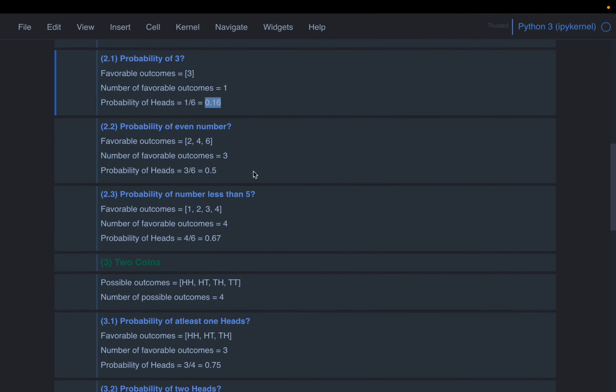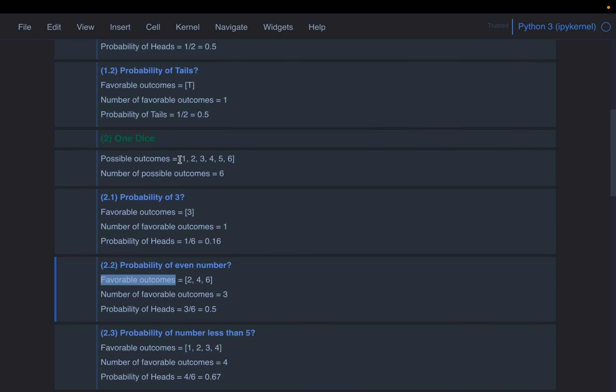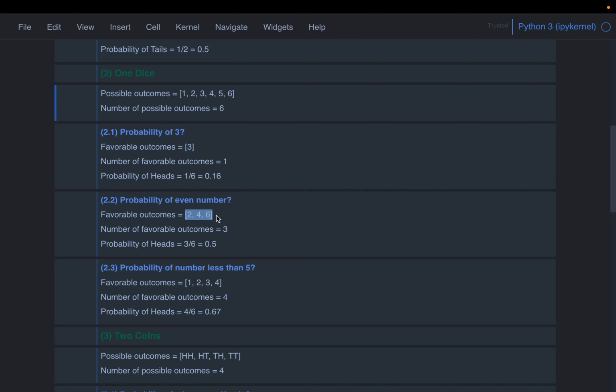Now it starts to get interesting. Now we are asking, what is the probability of getting an even number? This time, from the possible outcomes, what are all the even numbers? Number 2, number 4 and number 6, right? So the favorable outcomes are 2, 4 and 6.